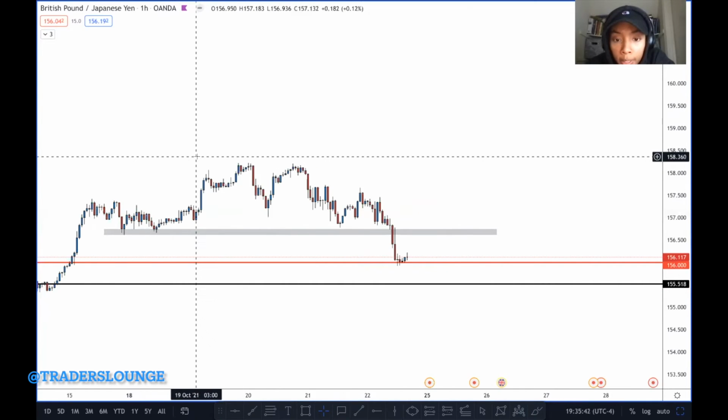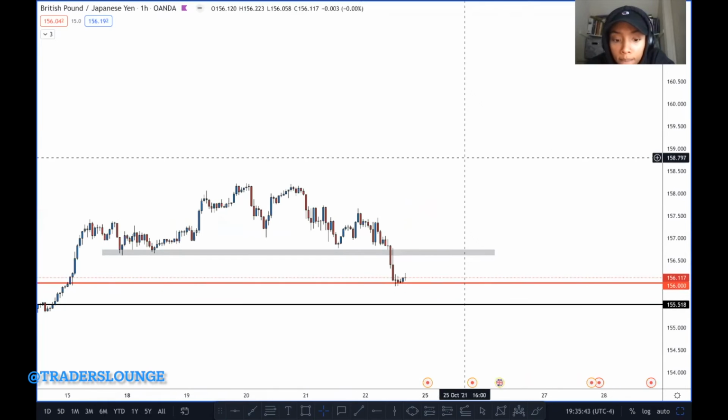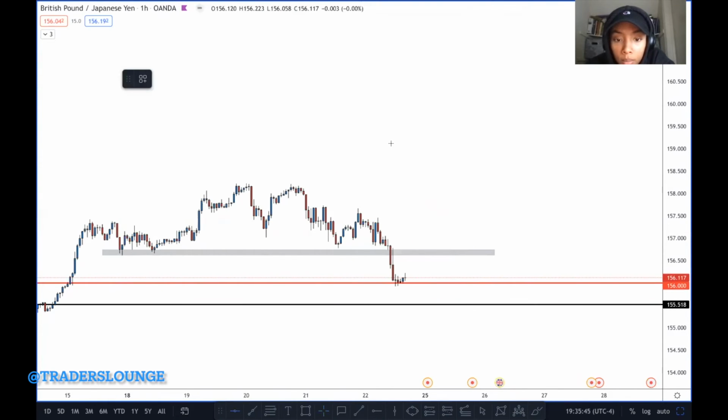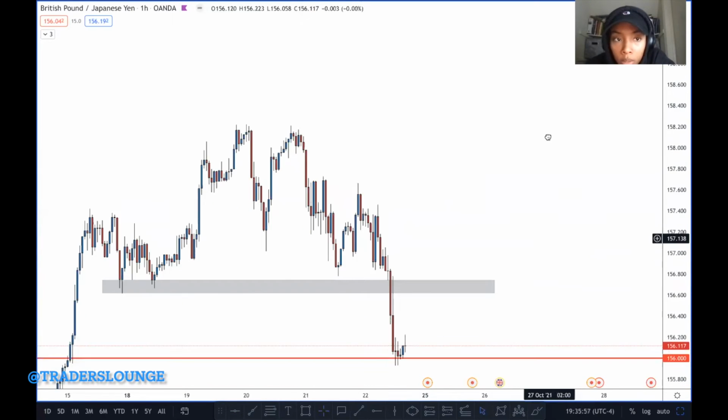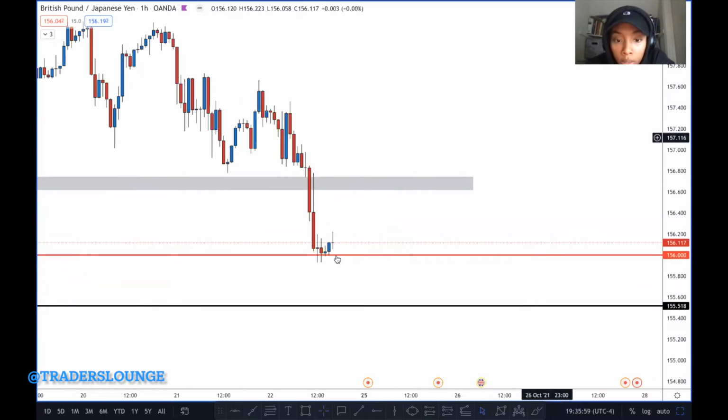I'm doing red for now. We'll just do that one because it's bouncing off of this area. It bounced off 156, literally right at this. That's crazy.